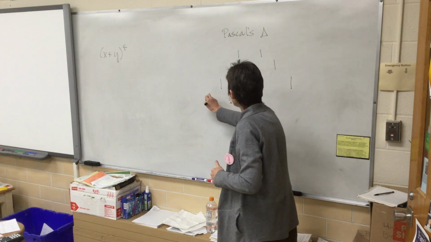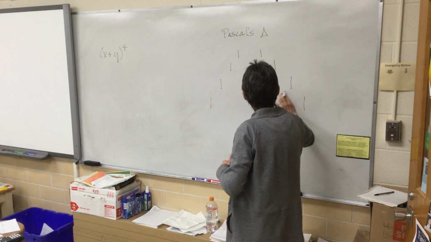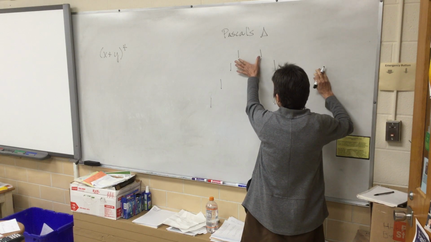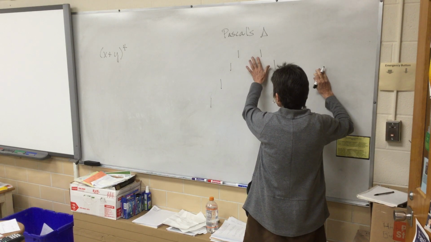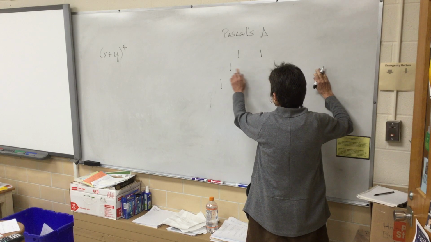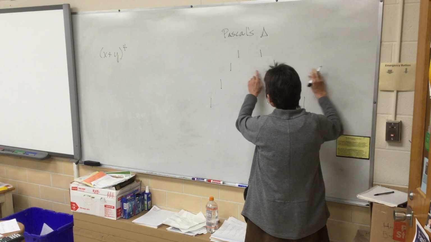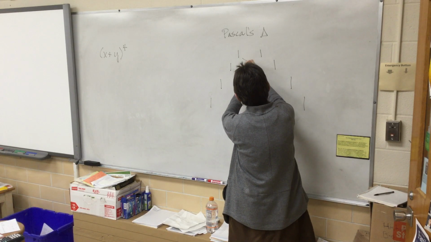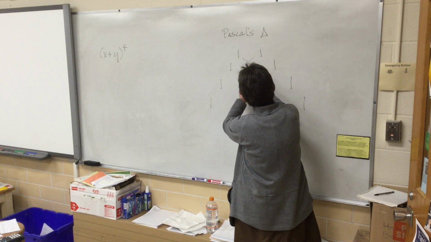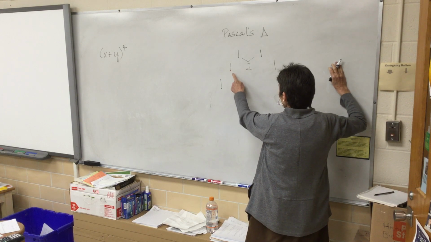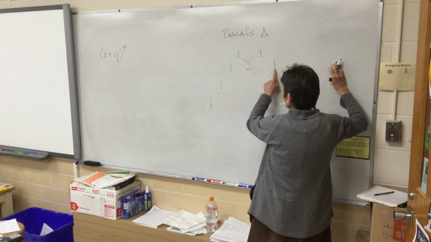We're going to have several rows of our triangle, and each one is going to start and end with a 1. So at the top, you just have a 1 and a 1. Now, the next row starts with a 1, ends with a 1, and then in the middle, I'm going to add these two together, and that's going to give me that number. So the second row is just 1, 2, 1.